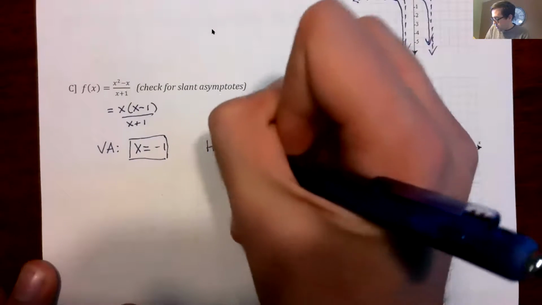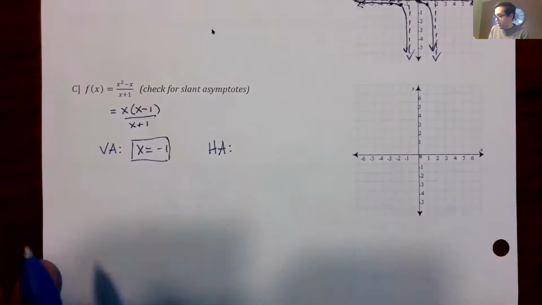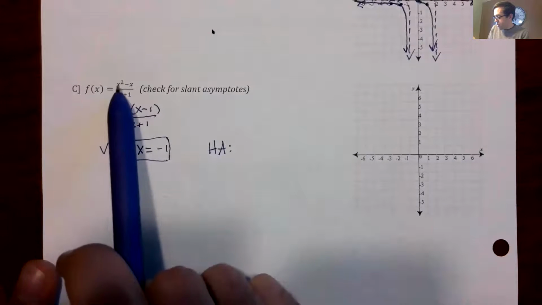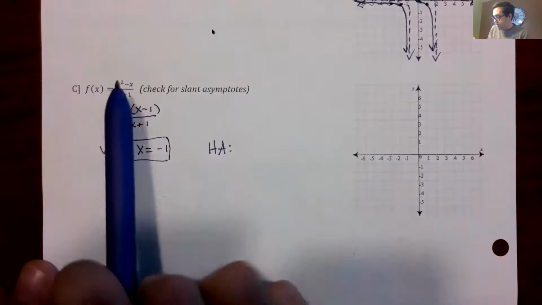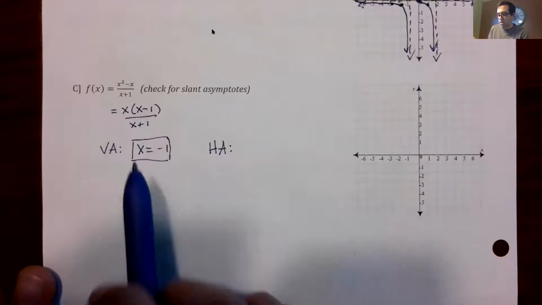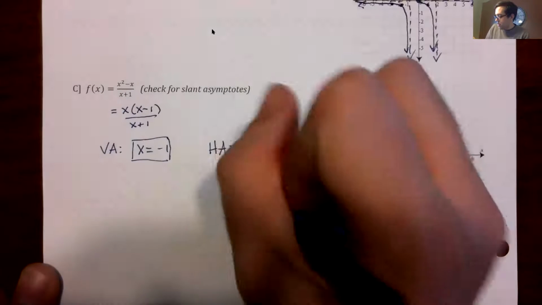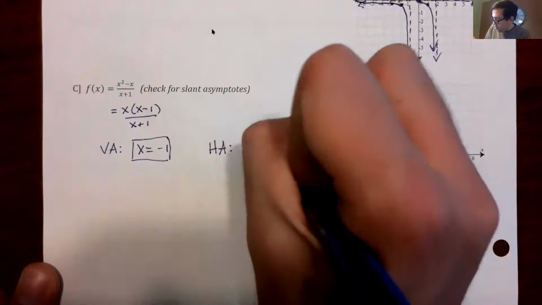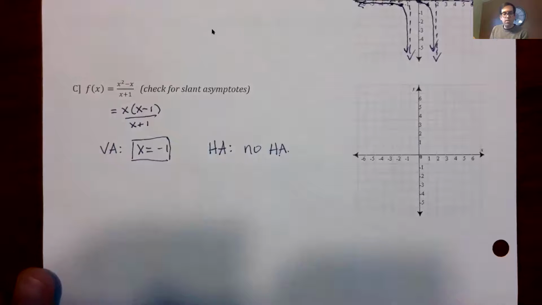For horizontal asymptotes, we check if the degree on top or on bottom is bigger. This time the degree on top is bigger. Bottom, BOTN, bigger on top, none. So we have no horizontal asymptote because the degree was bigger on top, okay?